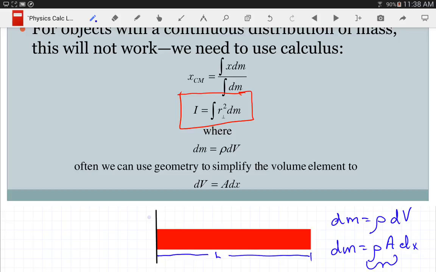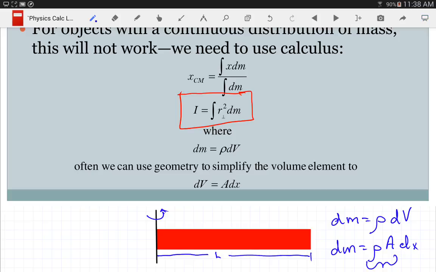So I said that I'm going to have it rotating about this axis. So r perpendicular is the distance from that axis out to, well, away from it. It doesn't matter if I go up or down because that's parallel to the axis. It only matters how much I move perpendicular to that axis.